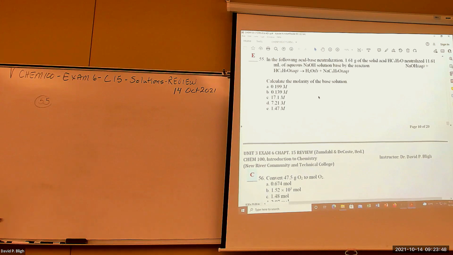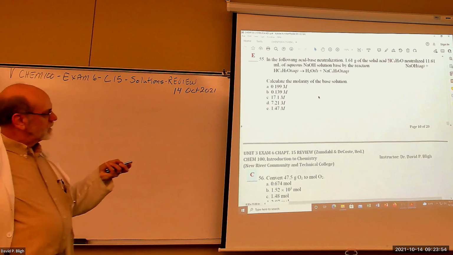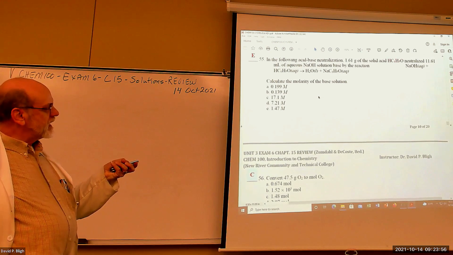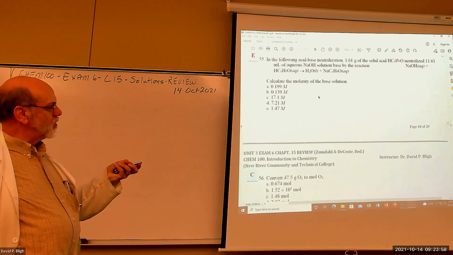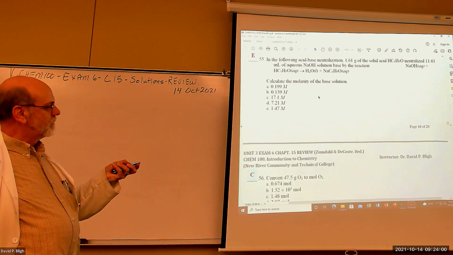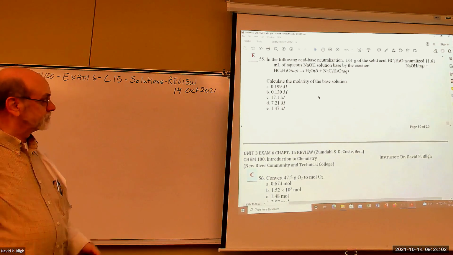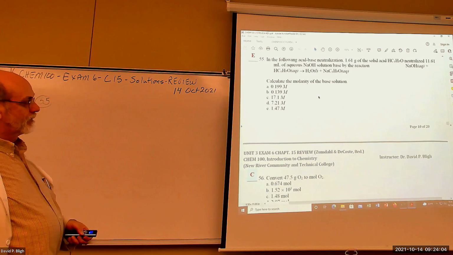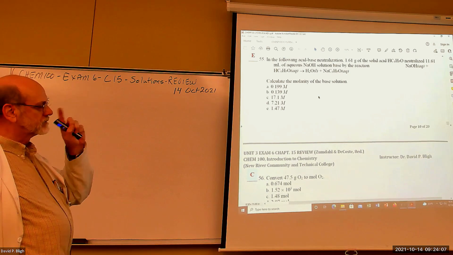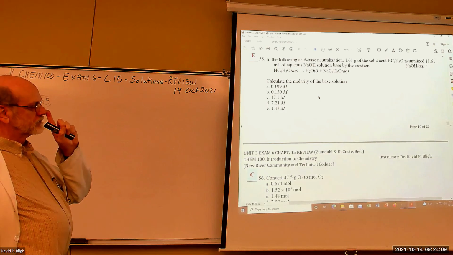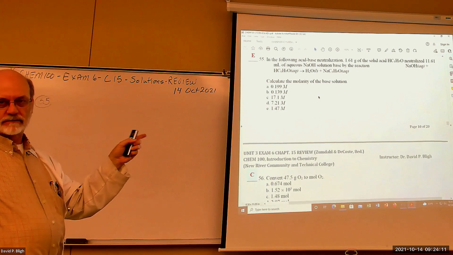In the following acid-base neutralization, 1.61 grams of solid C6H5OH. I don't know what that is. I'm guessing that's phenol, right?